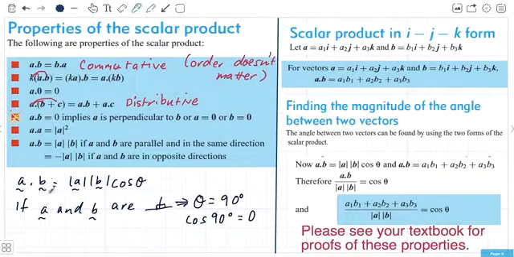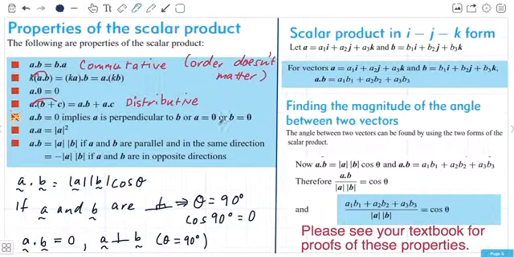So if two vectors are perpendicular and the moduluses of those vectors, A and B, are non-zero, then we know that if A dot B equals 0, then A is perpendicular to B because the angle between them is 90 degrees. The angle could also be anything if A is 0 or if B is 0, but this is assuming that mod A and mod B are both non-zero.